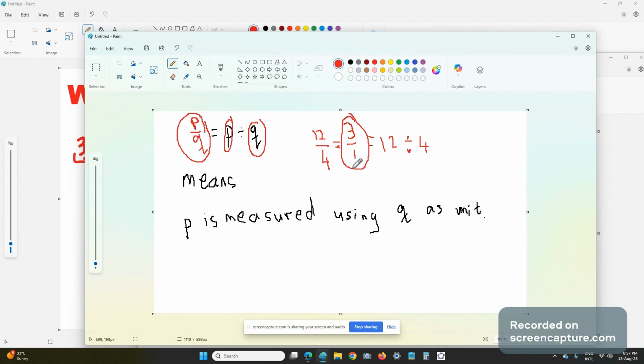In other words, they have the same measure. If I had to write 12, 4 and 3, 1, you'd be tempted to think they're the same. They're not. Their measures are the same. 12 over 4 and 3 over 1 are the same. But these ratios are not the same.